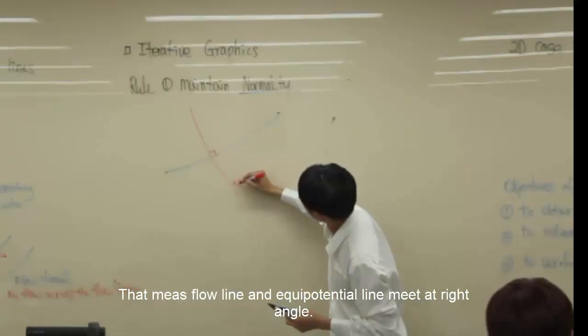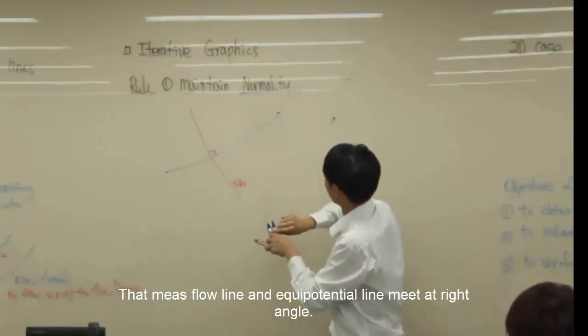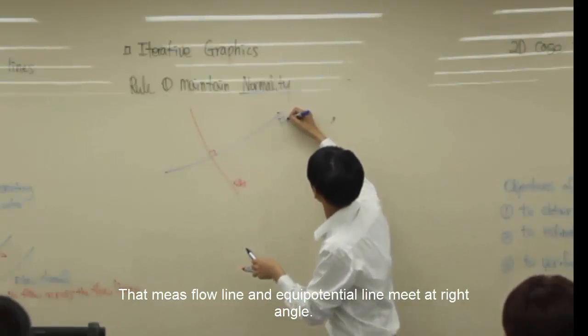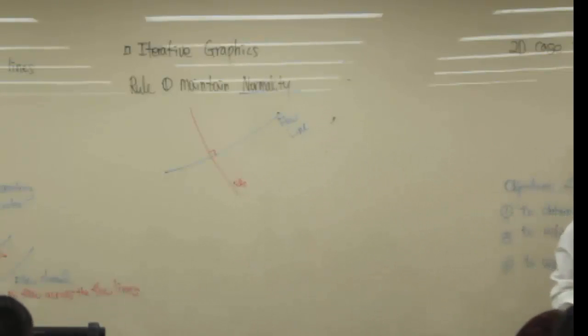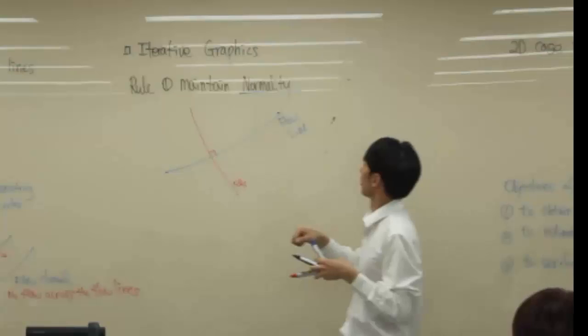This is an equipotential line, and this is a flow line. So the equipotential line always has to meet the flow line at a right angle.